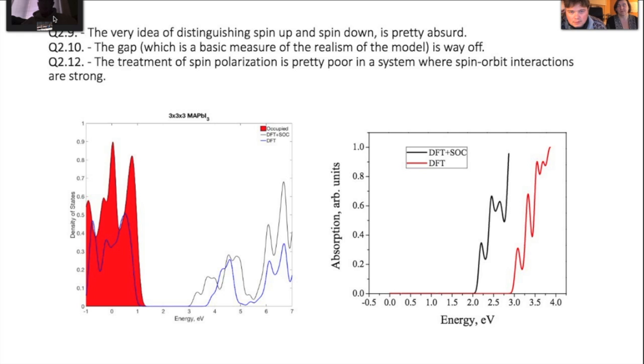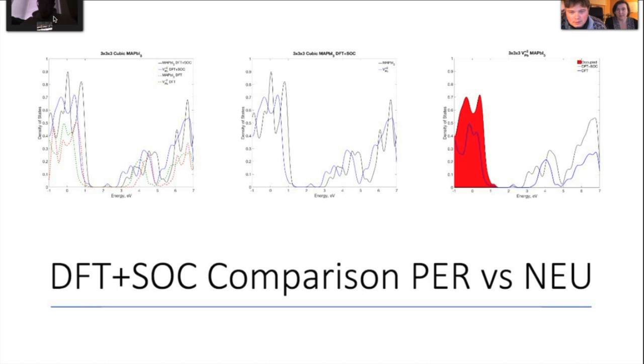And so on this last slide, I don't know if it's a little bit hard for you to see. On the very right-hand side, I'm going to work backwards, is the same thing. It's the density of states with and without spin-orbit coupling for the vacancy model. And so, again, you see something similar.